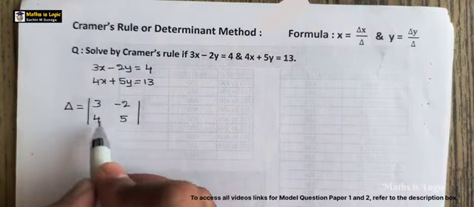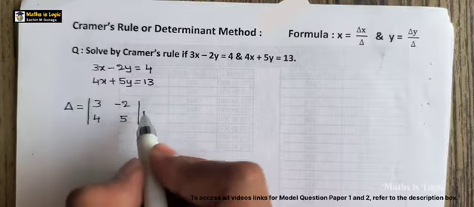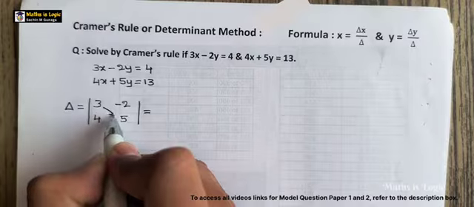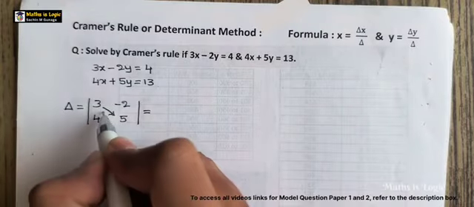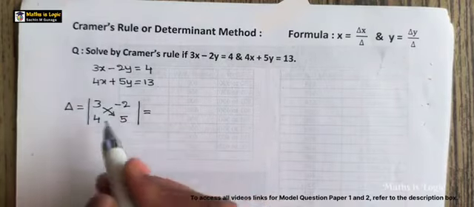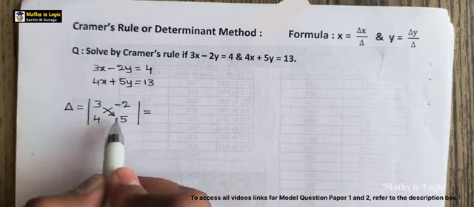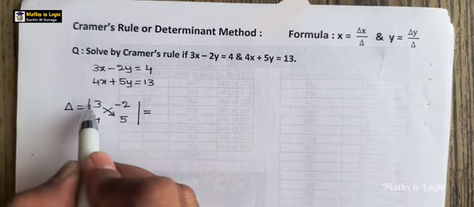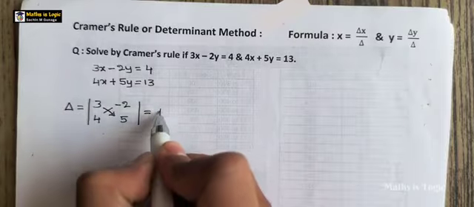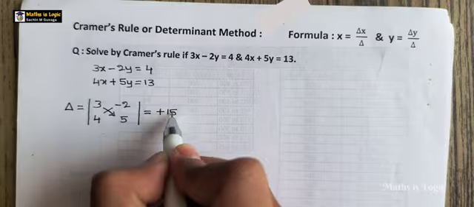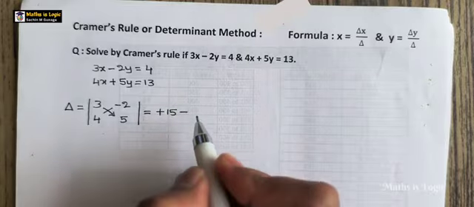Next, apply the second order determinant rule: cross multiplication, middle always minus sign. Along this arrow mark, first do the multiplication. Before multiplying the numbers, multiply the signs. Plus into plus is plus, 3 into 5 is 15. Middle always minus sign.